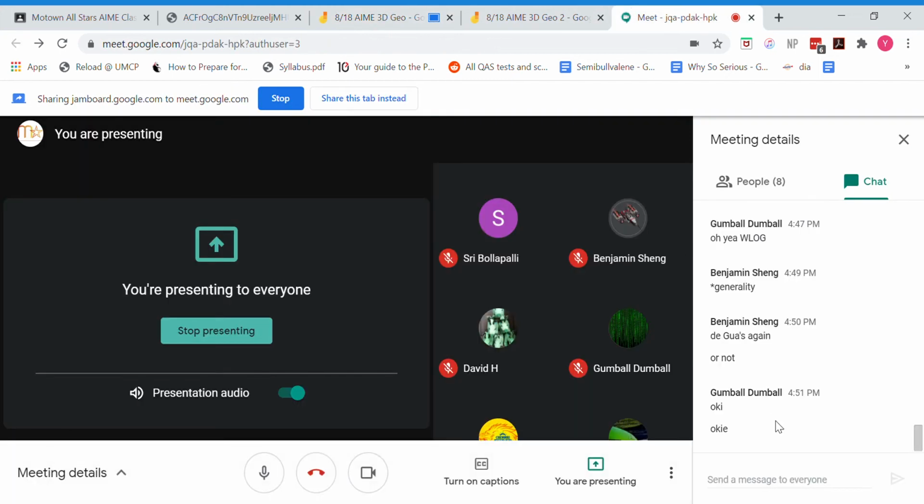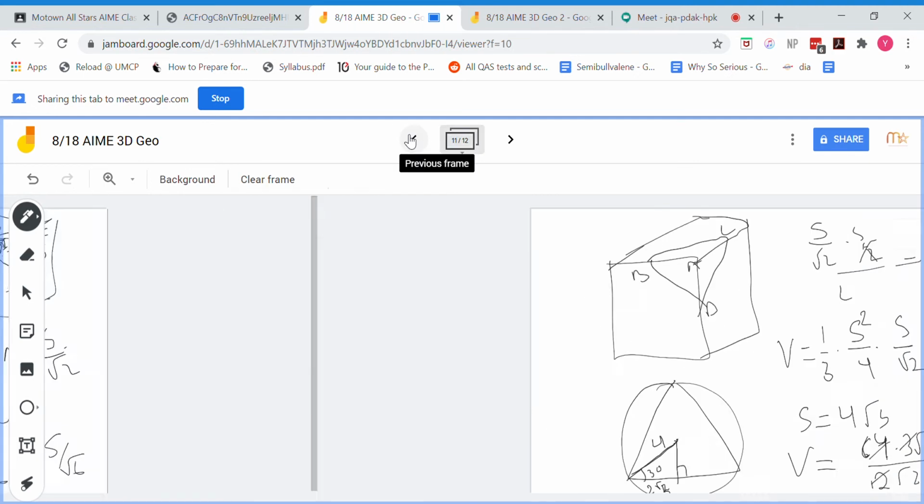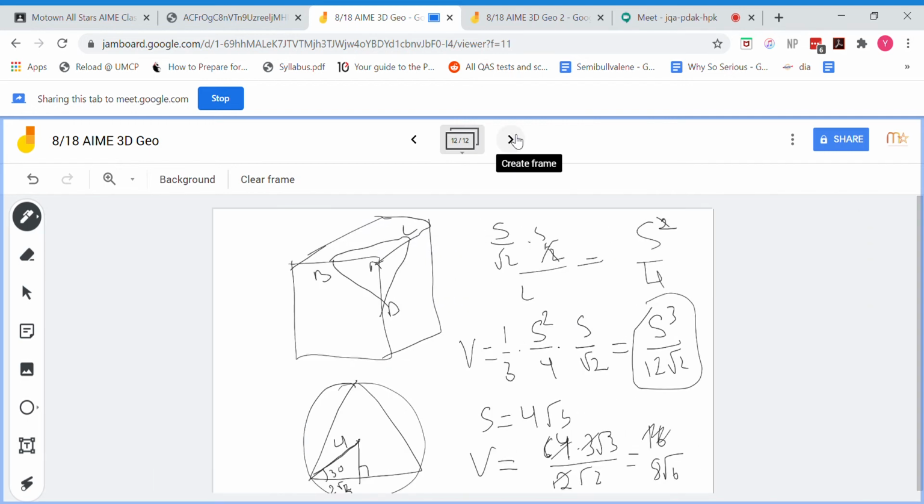Alright, any questions on that? So notice how we had two methods of computing the volume. The first method was far more computation with many more places to make errors than the second method, which was simple because we chose a different base and height.